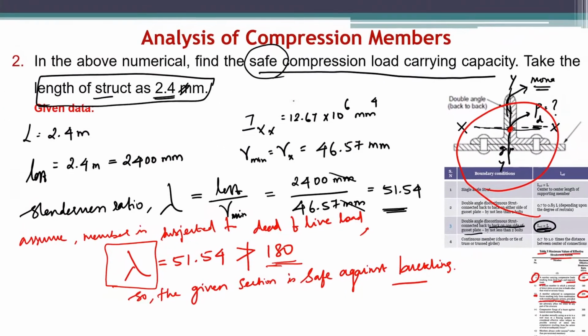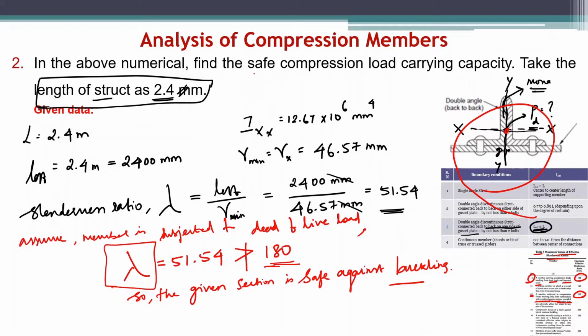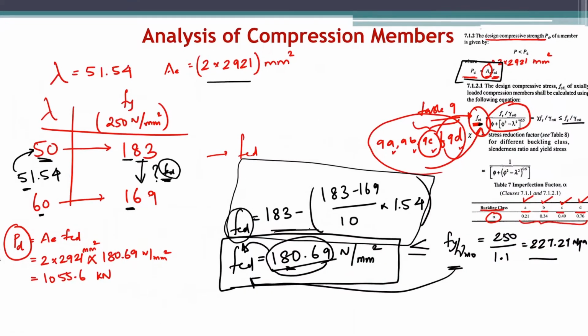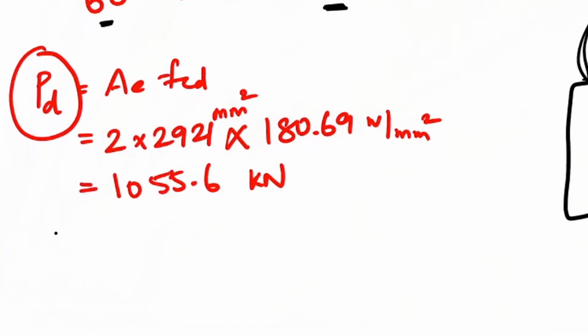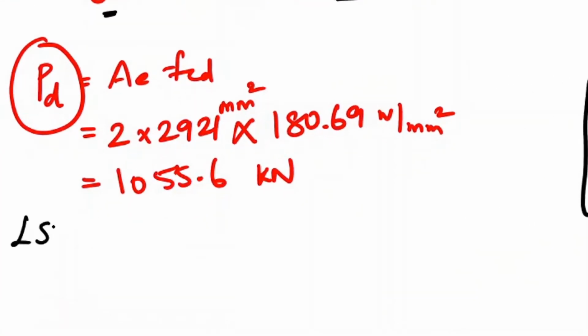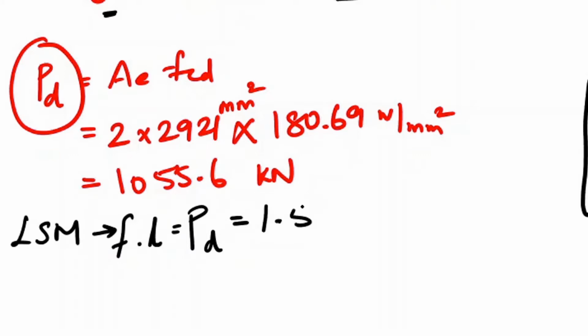Now this is only the design compressive load. In the question, I have been asked to find the safe compression load carrying capacity. We already know that IS 800 is always based on the limit state method. In the limit state method, all the design is for the factored load or design load. Design load is equal to factor of safety 1.5 into working load or safe load.